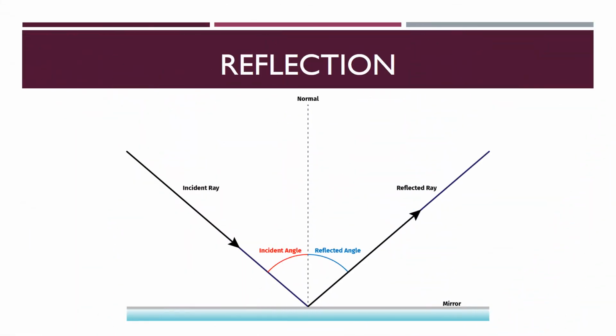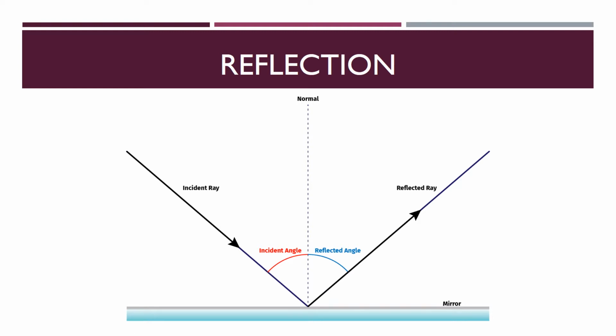We have here an example of light being reflected by a mirror. So we have here the incident ray. The incident ray is the ray of light coming from a source. And when it is reflected, we call that the reflected ray. We also have here the normal, or the normal line.